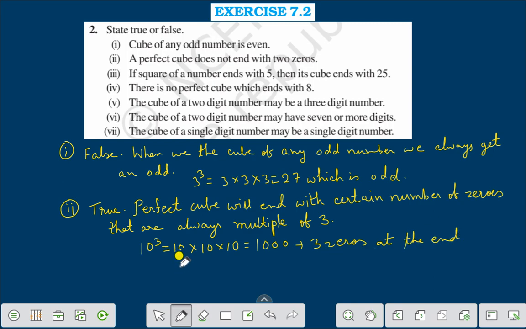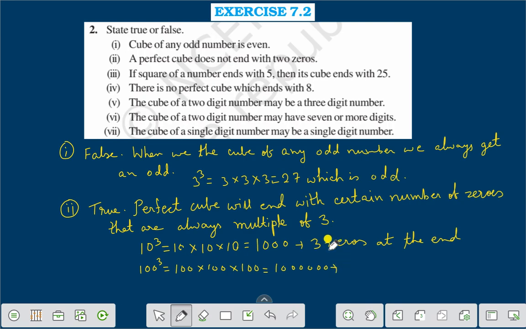And if we take another, cube of 100, that means it is equal to 100 into 100 into 100, that is equal to 1 followed by 6 zeros.